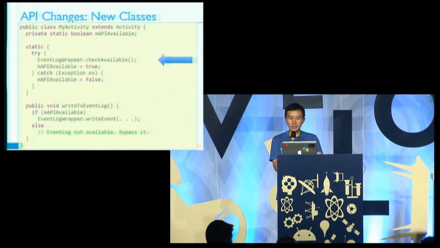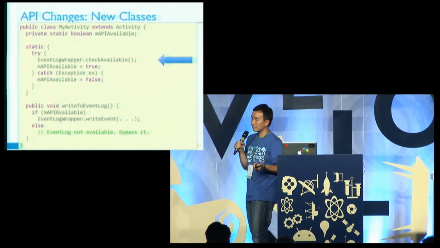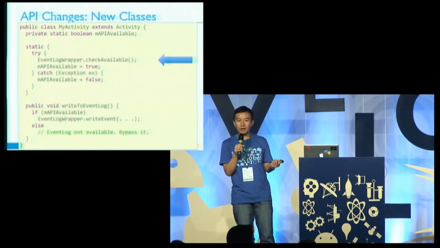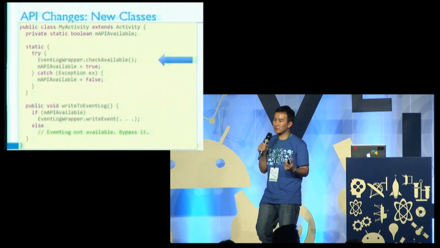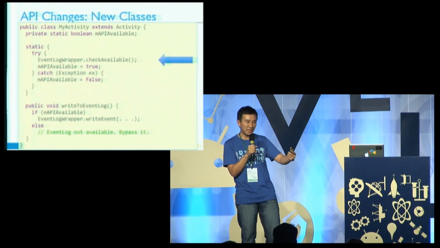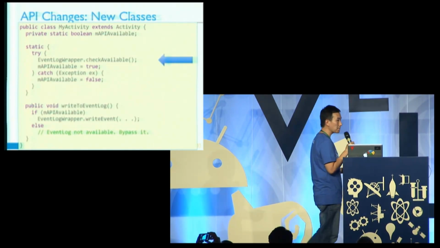And then here's the actual usage of the wrapper class. For example, in my activity, you would call event log wrapper dot check available. As you can recall, this is the static method that is used to trigger the invocation of the static block, which calls forName.